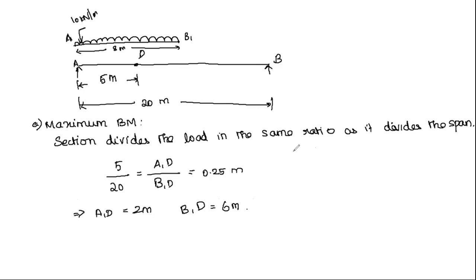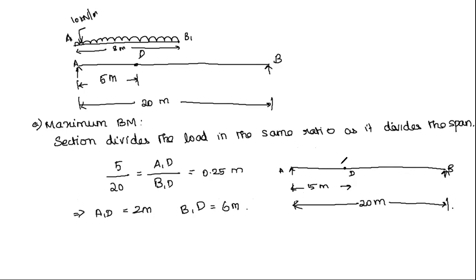So the loading position is such that, so it is the beam A and B, and this is D, and it divides the span in the ratio 5 meter to 20 meter, and the loading is like this. This one is 2 meter and here it is 6 meter.